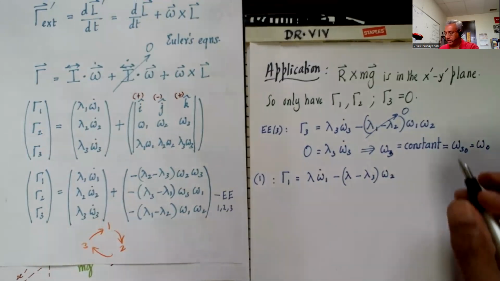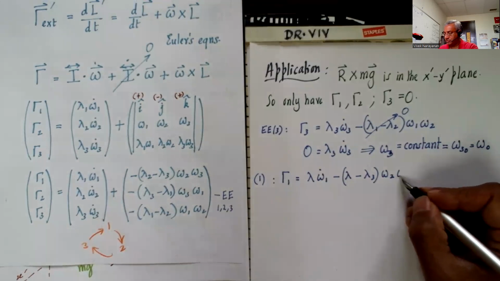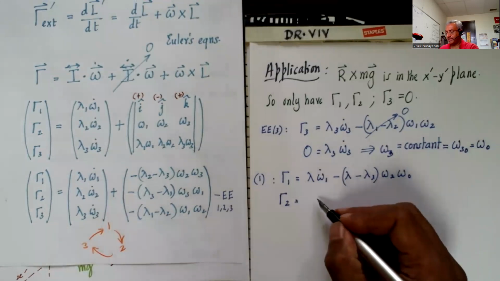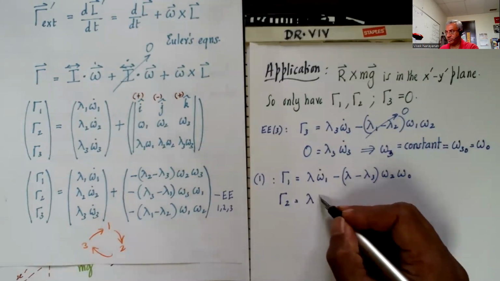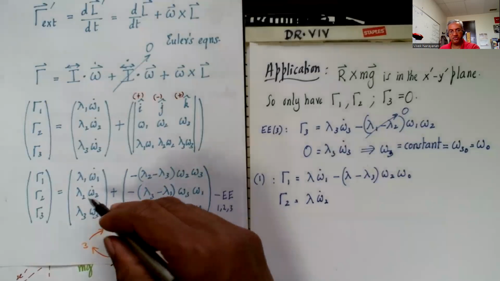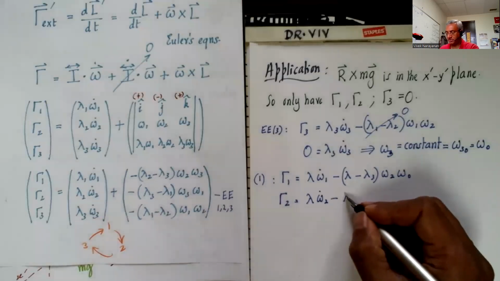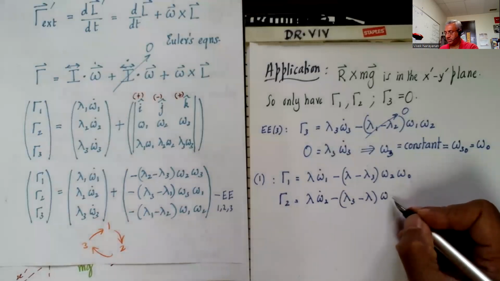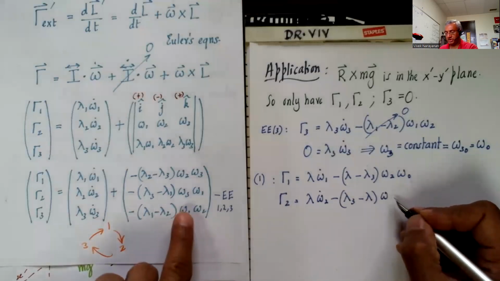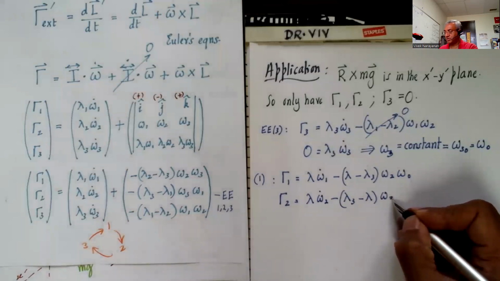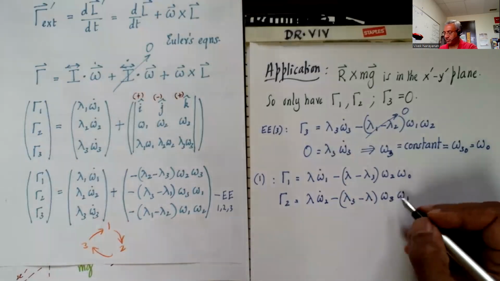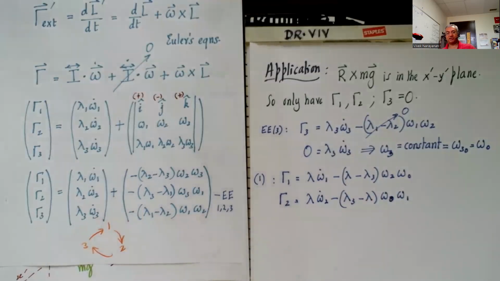I don't want to keep writing 3. So that's going to give me omega 2 omega naught. And then gamma 2 will be lambda omega 2 dot from this minus lambda 3 minus lambda omega 3 omega 1. But omega 3 is again omega naught, so I'll substitute for omega naught like that.